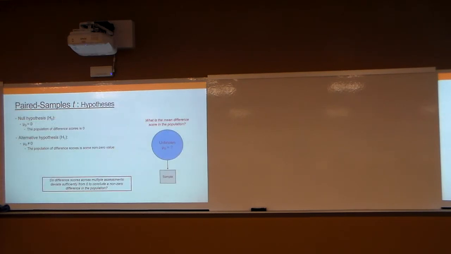Also talk about our paired sample tests. Here, what we've got is one population. We're just measuring on multiple occasions, oftentimes after having done something in between the first and the second assessment. Here, what we're looking at is the mean difference score in the population, right?